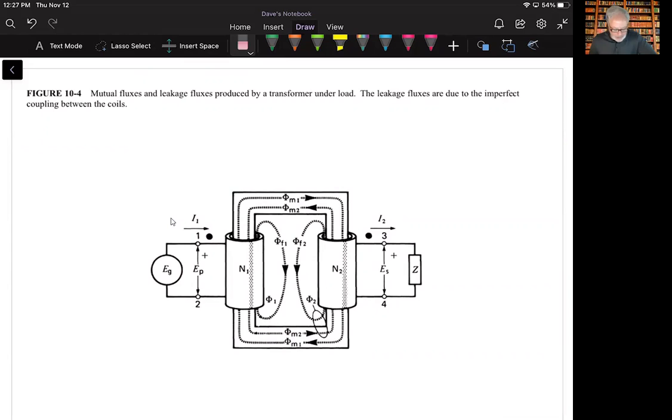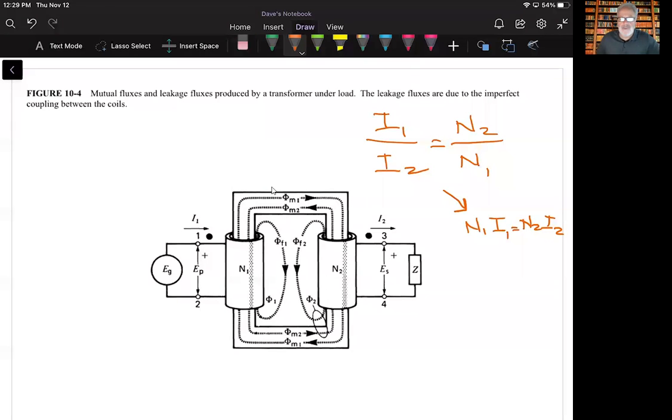There's a lot going on, and we're going to walk through each event, we're going to call them, that has occurred now that current is flowing through the load, and now there are two flux generation cores at work, and how do they interact with each other?